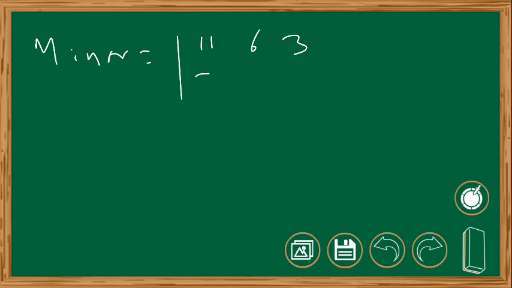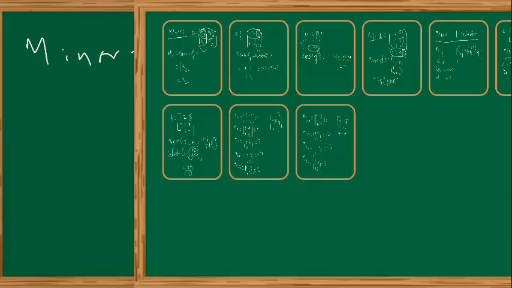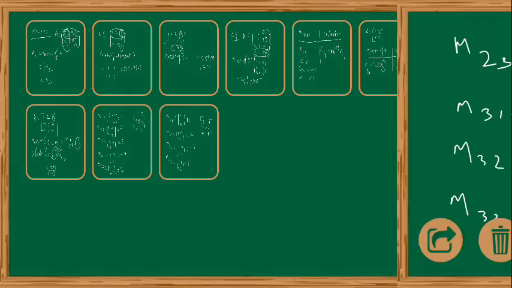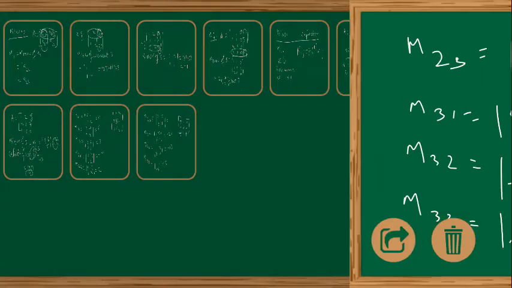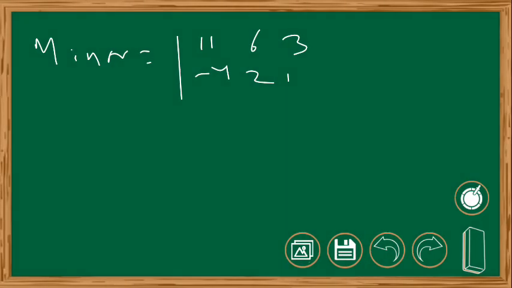And the third row elements are minus 20, minus 13 and 5.